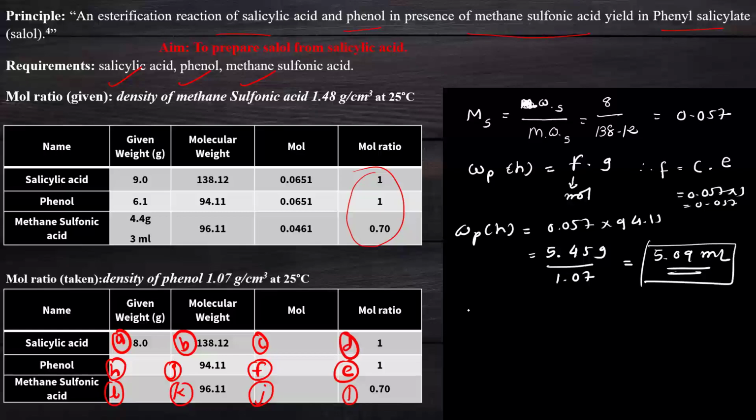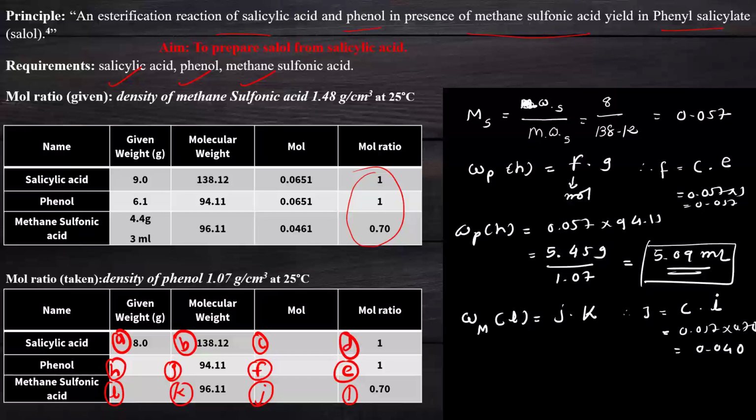And now we switch to another calculation: the weight of methane sulfonic acid. Here we have to get J and K for that purpose. So J is equal to C into I, which is 0.057 into 0.70, so it is about 0.040.